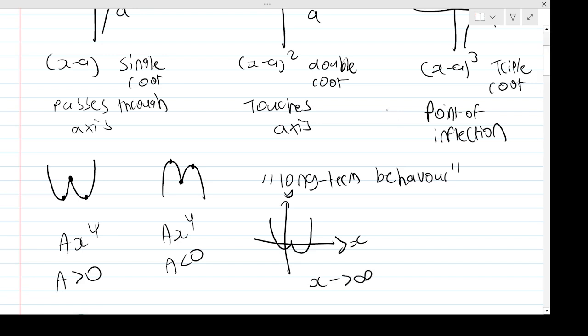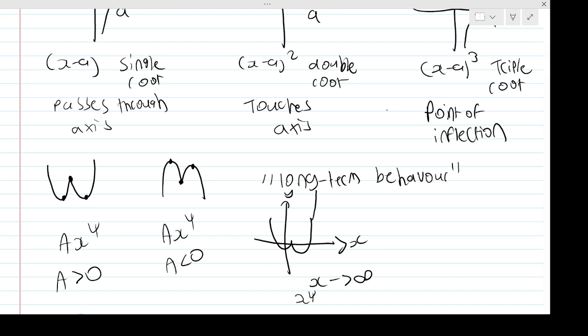And what you'd spot is actually when x goes to infinity that way, the graph, if you were to continue this on, also shoots up to infinity. Okay, that is because of x to the 4, right? Because it's positive, it doesn't matter what is in front of it. It's just a number. We only care about what happens to x to the 4 specifically, because x to the 4 is the highest power.